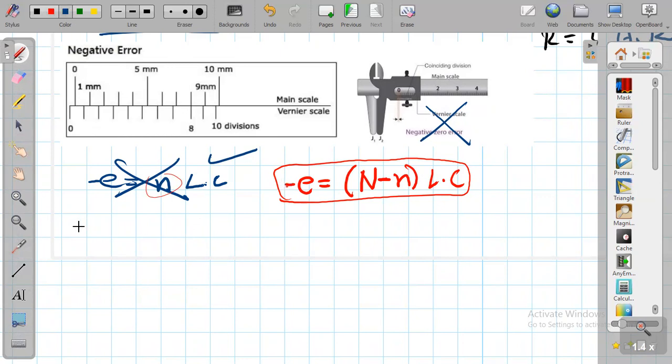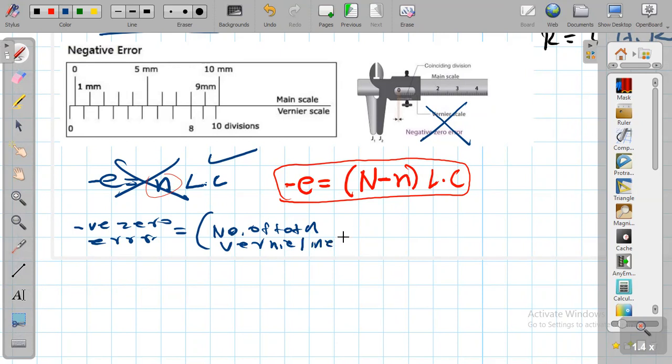So let me write the word equation. Negative zero error equals what?